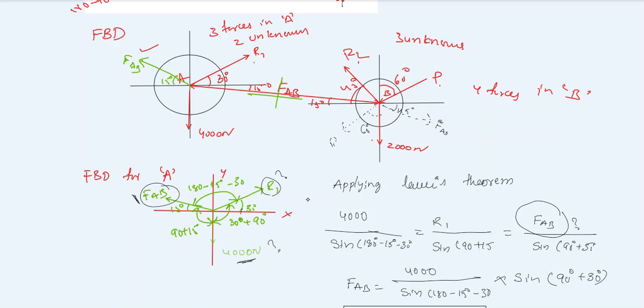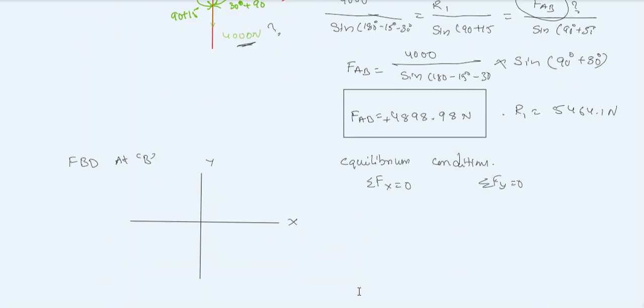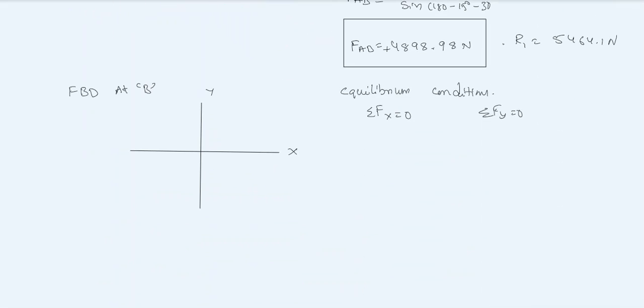So we have a total of four forces. Just draw the four forces. As I said earlier, the force is always acting vertically downwards, that is 2000 Newton. The center is B. Similarly, P acts in this quadrant at an angle of 60 degrees to the vertical.